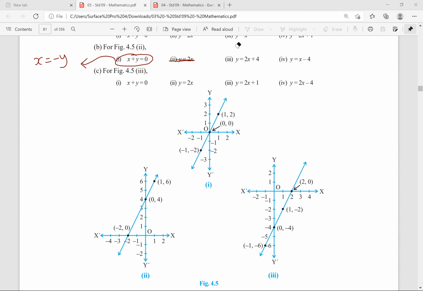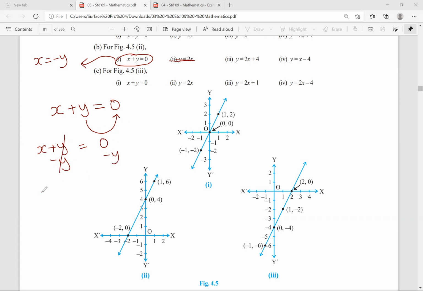No, ma'am, it's not equal to minus y. Okay, just a sec, Hamna. If I write x plus y is equal to 0, can I take y to the other side? Or, in some countries we say, can I subtract y from both sides? Like I say x plus y minus y is equal to 0 minus y. So what I've done is subtracted y on both sides.